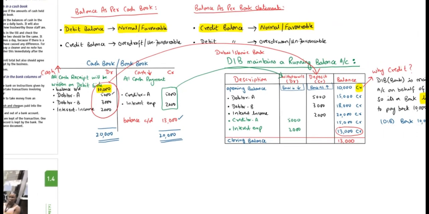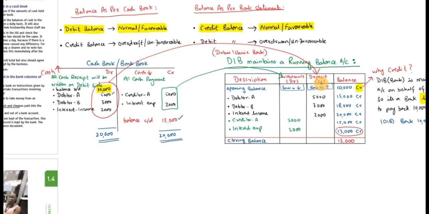And what's the logic behind the bank statement? The bank passbook is not maintained by the business, but by the business's bank, in this case Dubai Islamic Bank, a third party. So DIB is maintaining a bank account of ABC Limited. If DIB credits our account, it means our account is increasing.